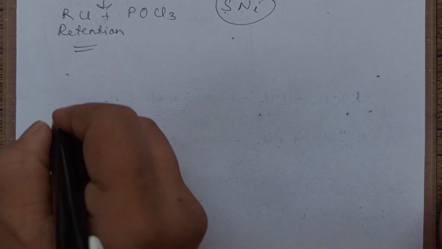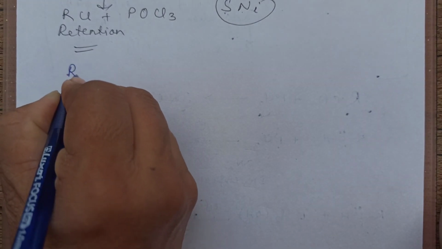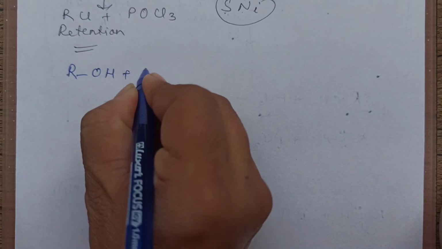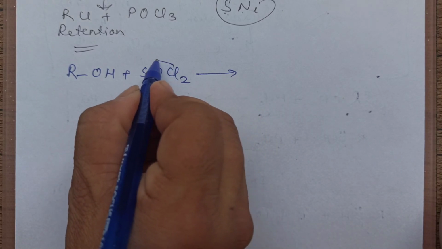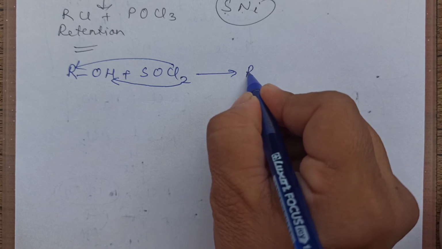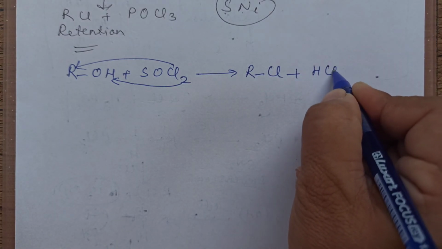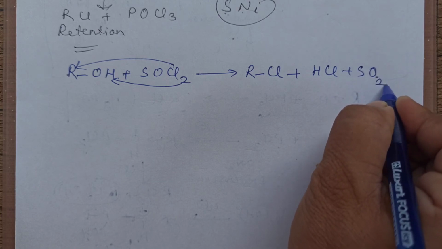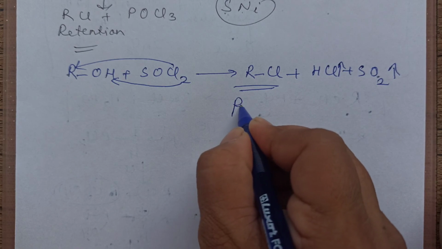One more reaction, children, which we can take today, otherwise it will become quite lengthy. Alcohol plus thionyl chloride. One chlorine goes with R, giving RCl, one chlorine with H, giving HCl, and you are left over with SO2. This is a gas, this is a gas, and this is pure.